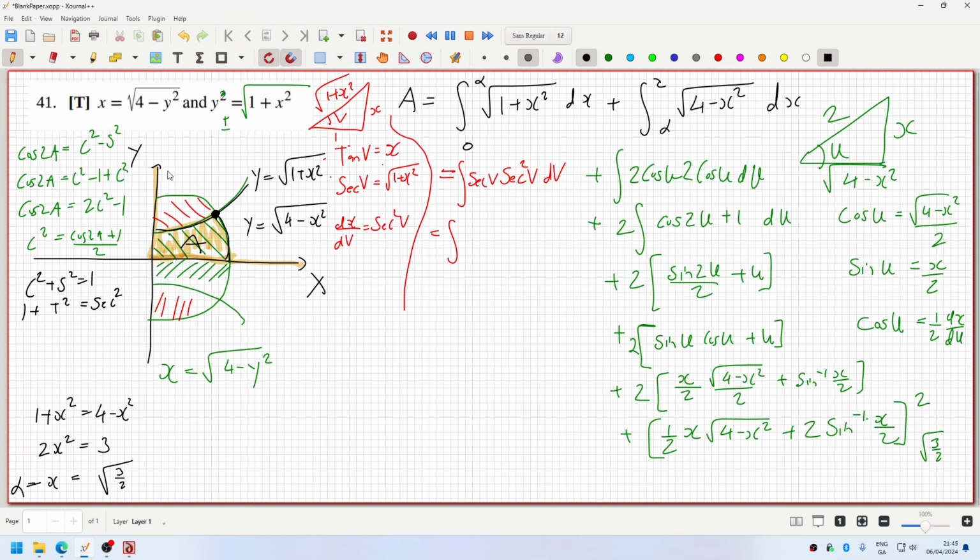That's the area underneath, so that's this area here. We know this area. We know the whole lot. It's a quarter of a circle.